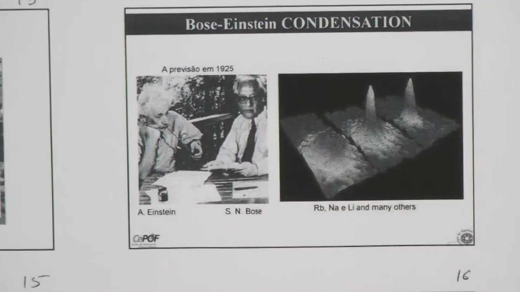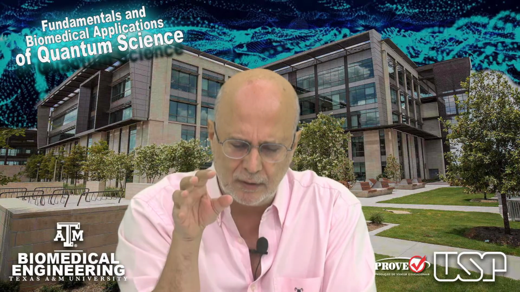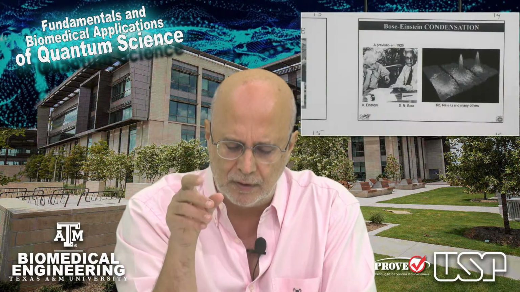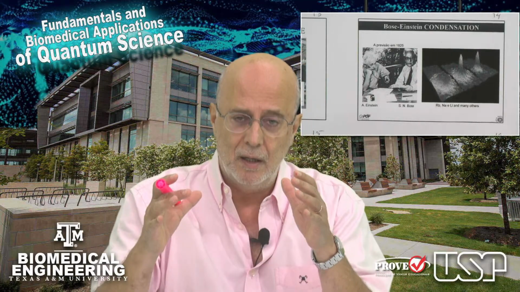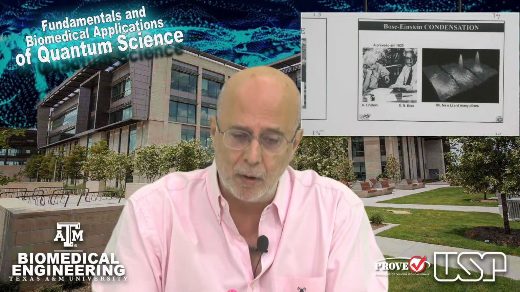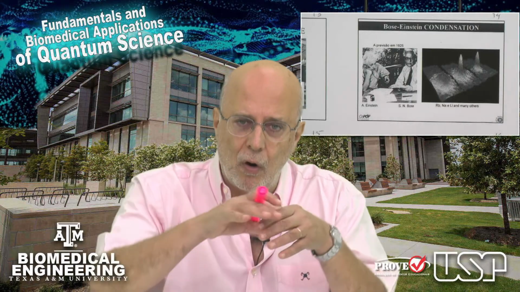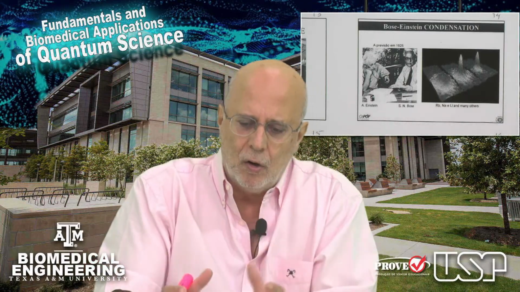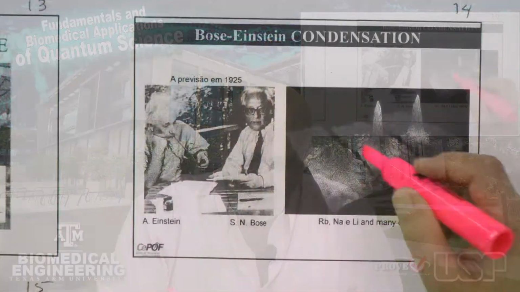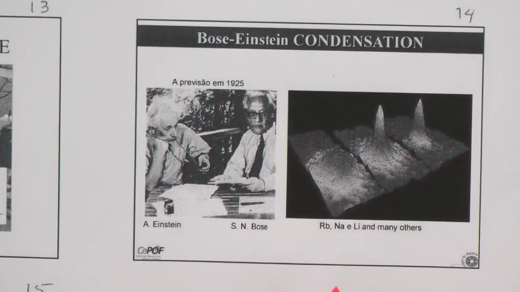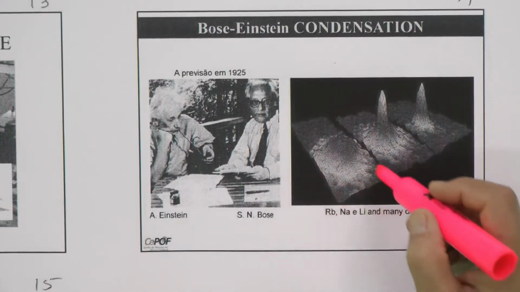What they observe is that when they slow down and reach a situation where the de Broglie wavelength is on the order of the size of the ground state of the system, before they saw all the atoms spread, this is the profile of density.